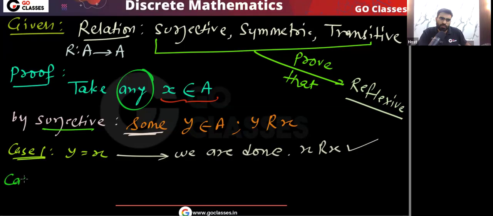What is case two? Case two is Y is not equal to X. Now what do we have?